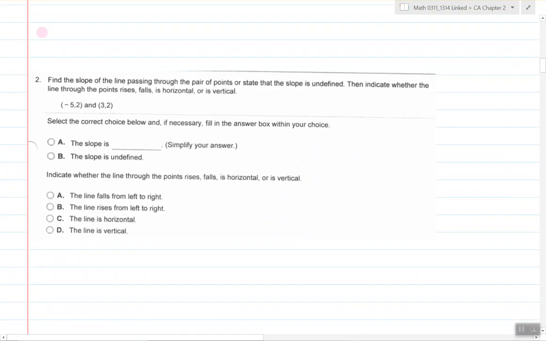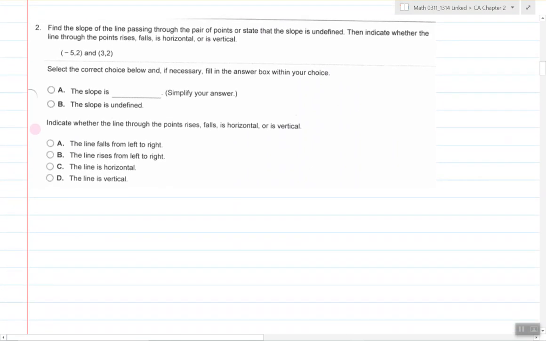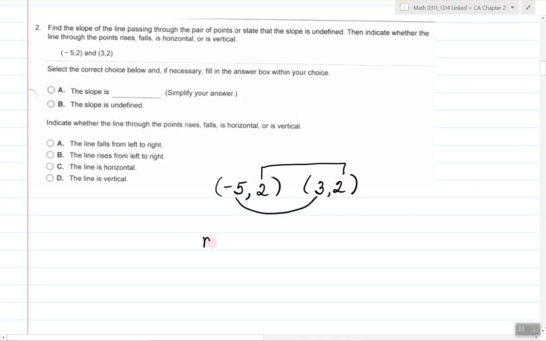All right, next question. Similar. Find the slope of the line that passes through 2 points. So I have -5, 2, and I have 3, 2. The way I do the slope, I have the difference of the y's on top, the difference of the x's on bottom. So m is y1 minus y2 over x1 minus x2.